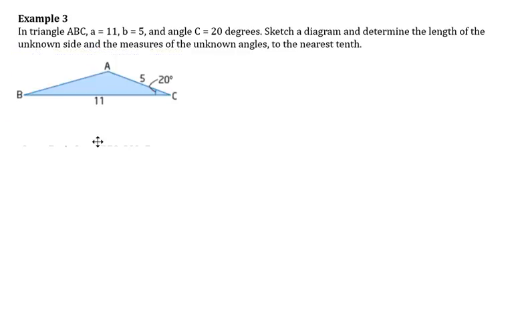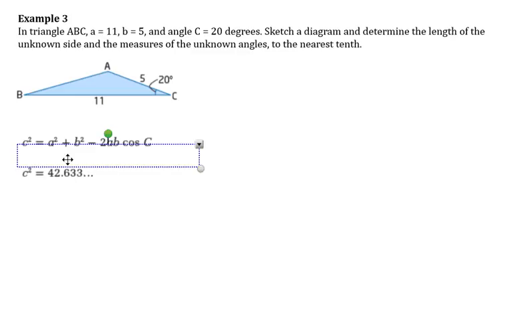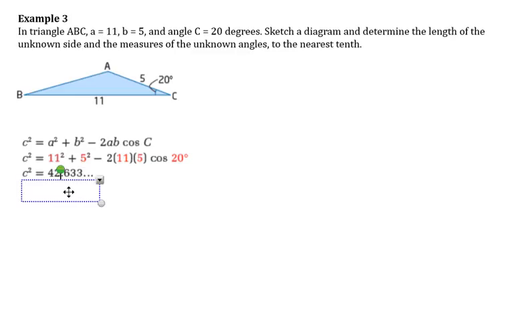Our triangle would look something like this, and then we're going to try and find the side length. So we substitute our values in, and we end up with 11 squared plus 5 squared minus 2 times 11 times 5 cos of 20. c squared equals 42.63. Take the square root of that, and we find that c equals 6.529.